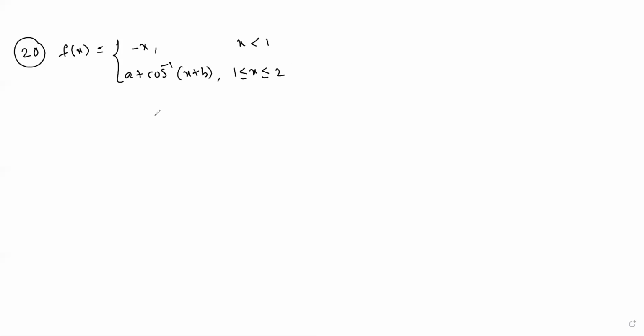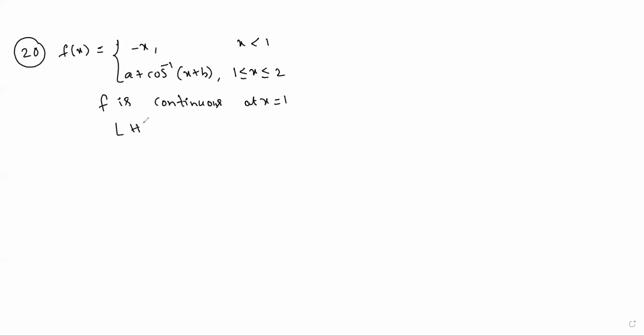It is clearly differentiable, as given. When the function is differentiable, it is also continuous. Therefore, first of all, f must be continuous where x equal to 1. Here we need to find the value of a by b, the ratio between a and b.